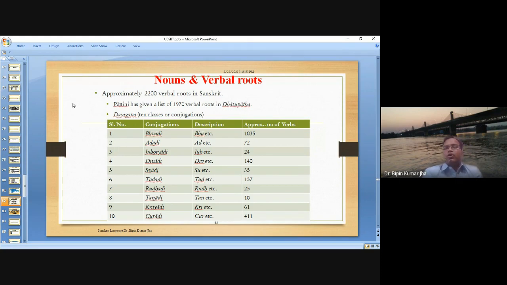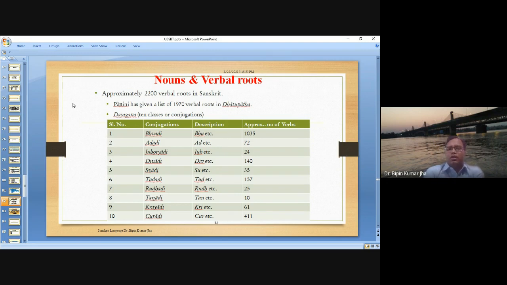Whenever you are trying to create a noun or pronoun in different forms, for that you are using su, au, jas, am, aut, shas, like these sup suffixes. When you are creating verbs, for that you are using tin suffixes. These are the names of the suffixes. So either you are using sup suffix or you are using tin suffix.